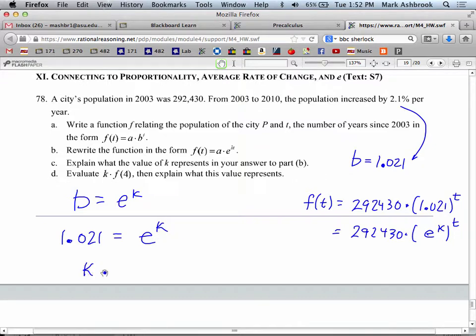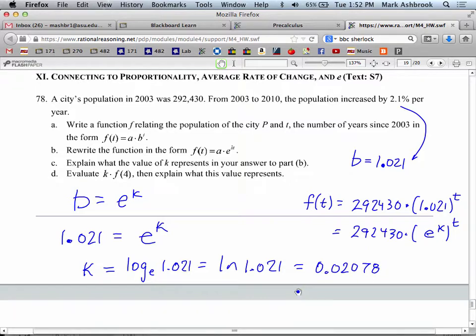What exponent is k? K is the exponent of e that gives b. Exponents of e are natural logs. Find it. What's the natural log of 1.021? 0.02078.